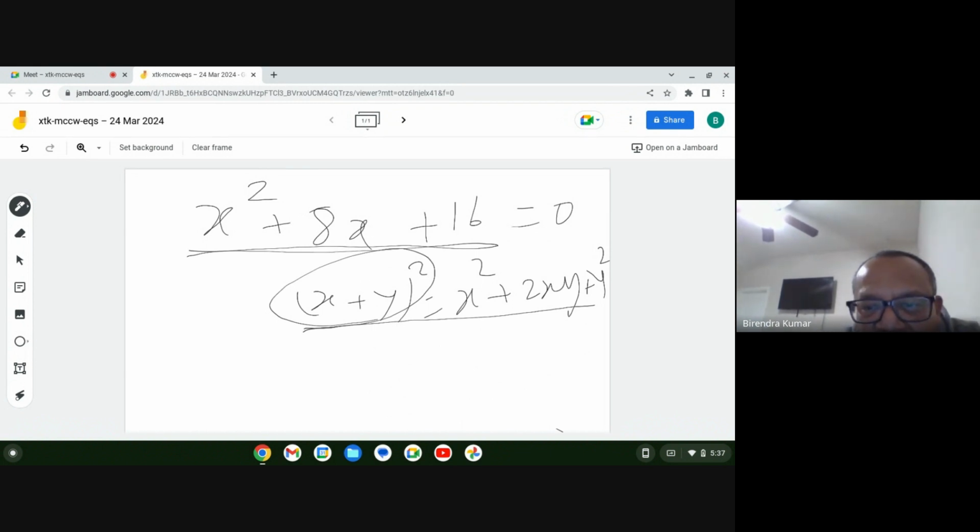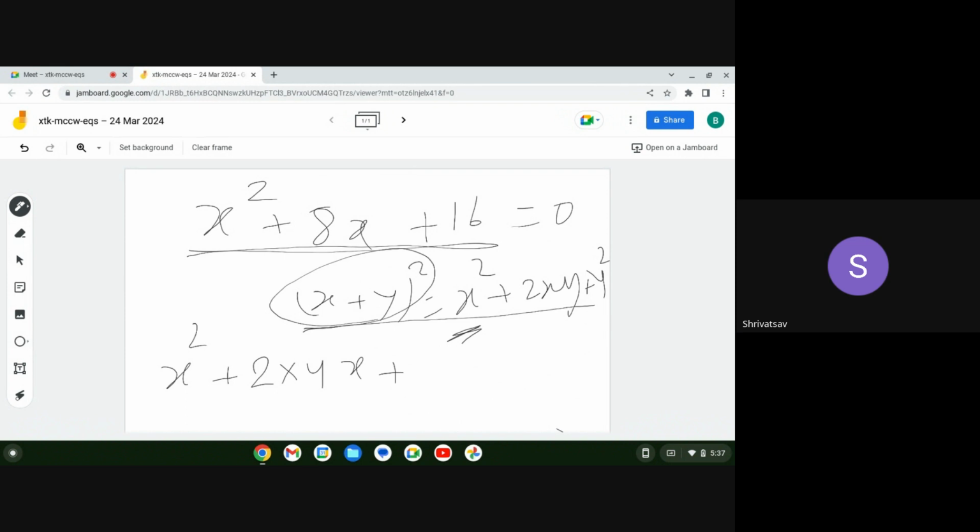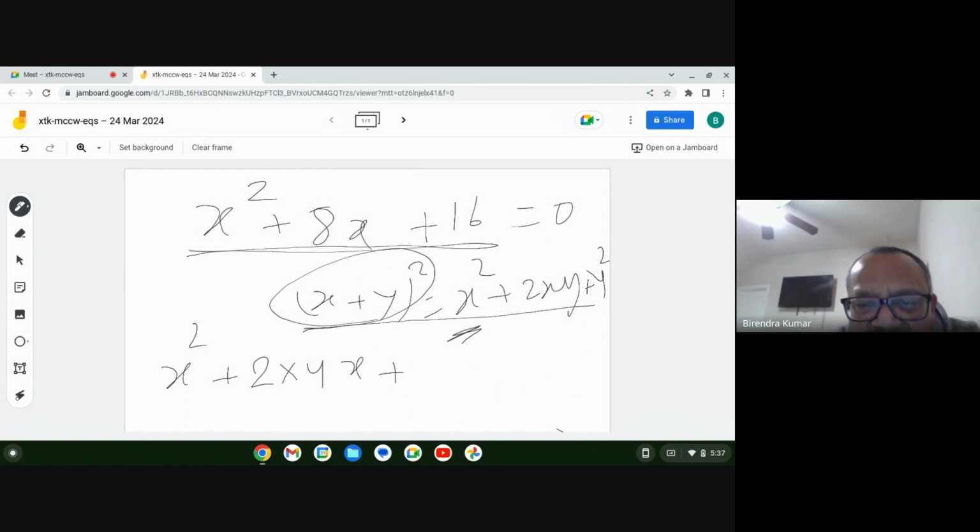I have x square. This one looks fine. So I have x square plus 8x. 8x I can write as 2 into 4 into x. Plus 16, let's write it as 16 only for now. So I have x square plus 2 into x into 4, plus 16.